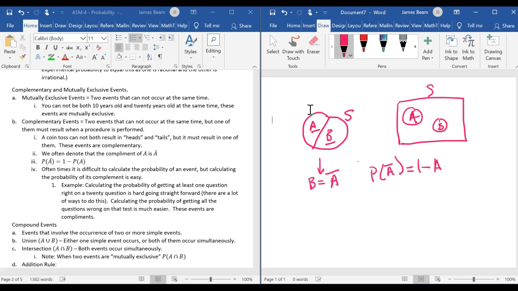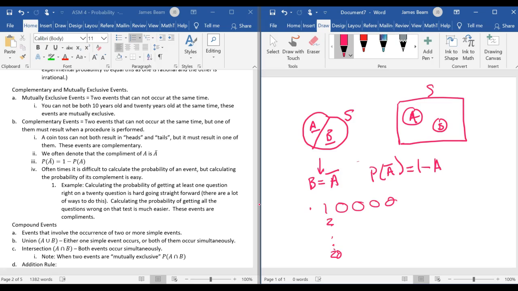Take an example, like what is the probability of getting at least one question right on a 20-question test? Let's say it's multiple choice and it has 4 choices: 1, 2, 3, 4. And there are 20 questions.